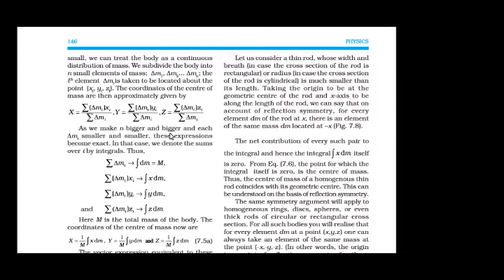As we make n bigger and bigger, and each delta mi smaller and smaller, the expression becomes exact.